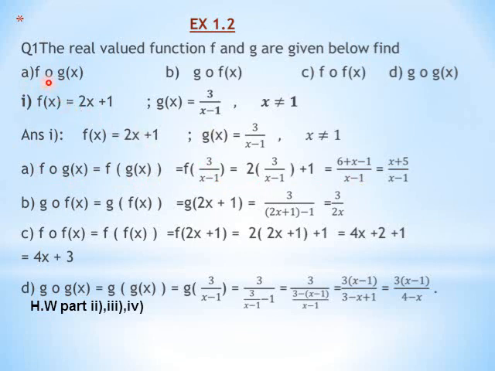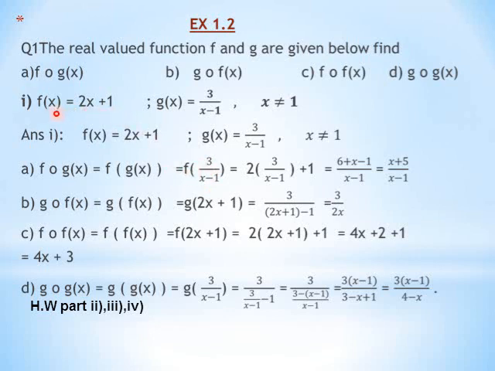Now part a: f of g of x. What can I write? f of g of x means f is outside, g of x is inside. What is g of x? 3 upon x minus 1. So now the value of x is 3 upon x minus 1. Now f of 3 upon x minus 1: where is f of x?